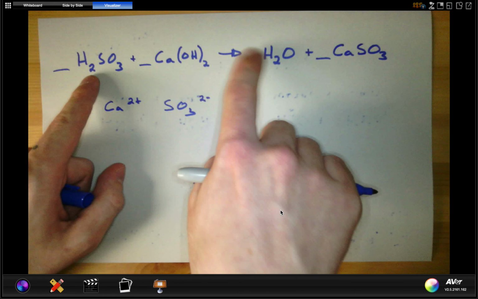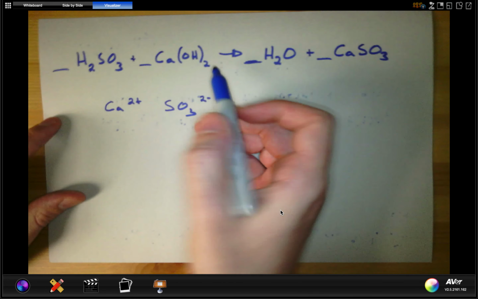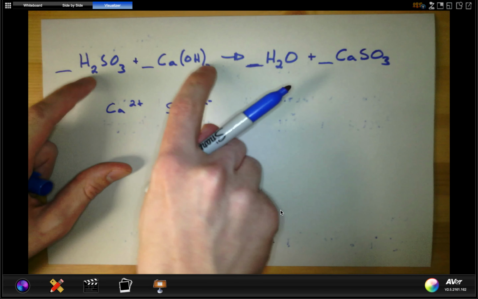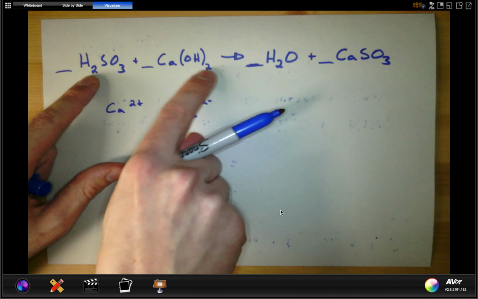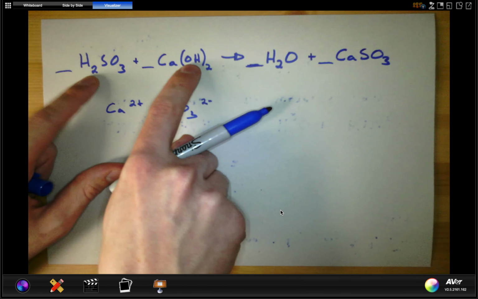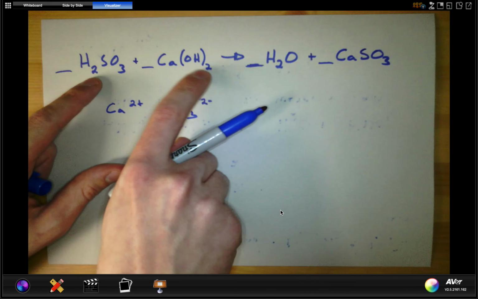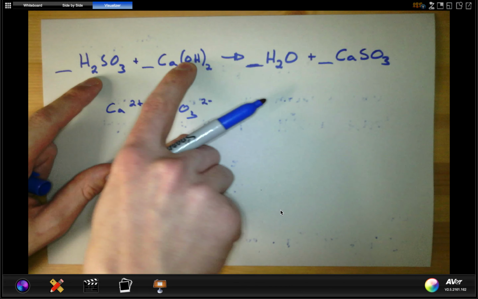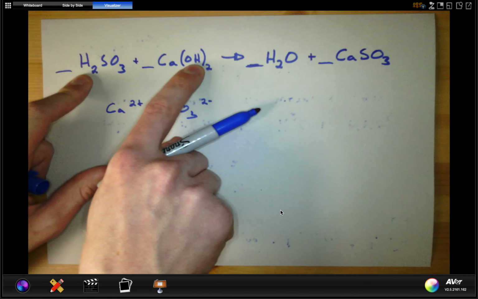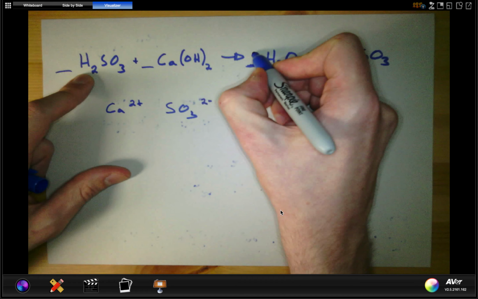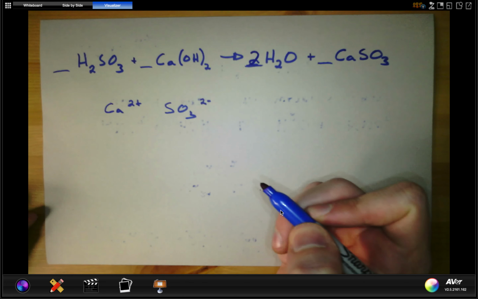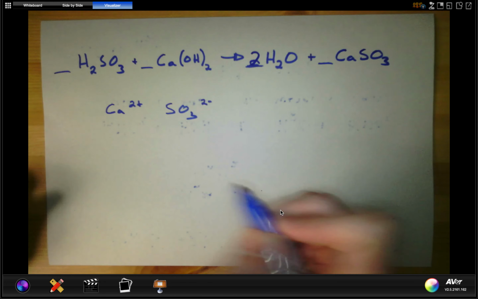And I'm betting that I'm just going to have to put a 2 here, because if you look at all these, I have 2 waters, 4 hydrogens and 2 oxygens. So 2 oxygens here, 2 hydrogens there, and then 2 more hydrogens here, which means if I just do this, it's going to be balanced. And I'll prove it to you if you want.